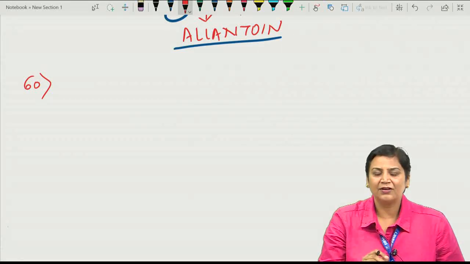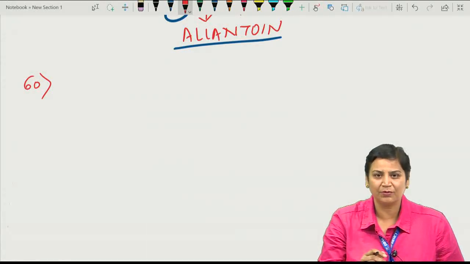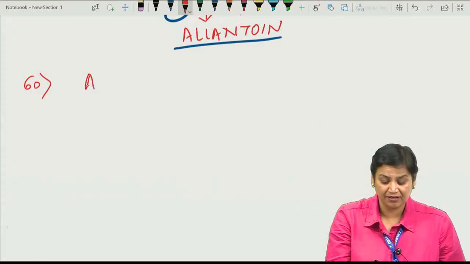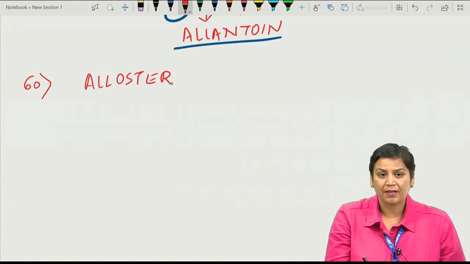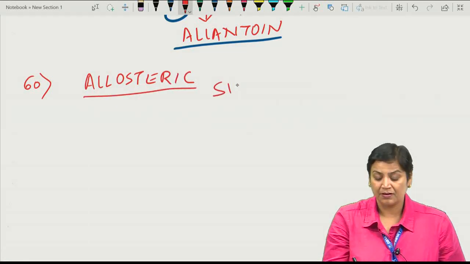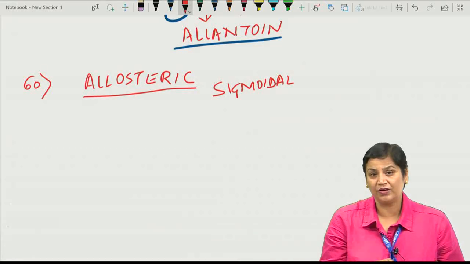And when we consider the effect of the substrate concentration, it is a hyperbolic graph. But whenever we consider allosteric mode of inhibition, the graph is sigmoidal. And this is the major difference between allosteric inhibition and the other types of inhibition.